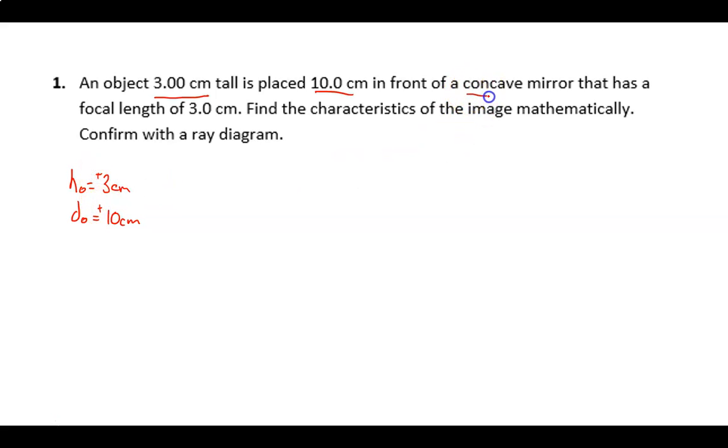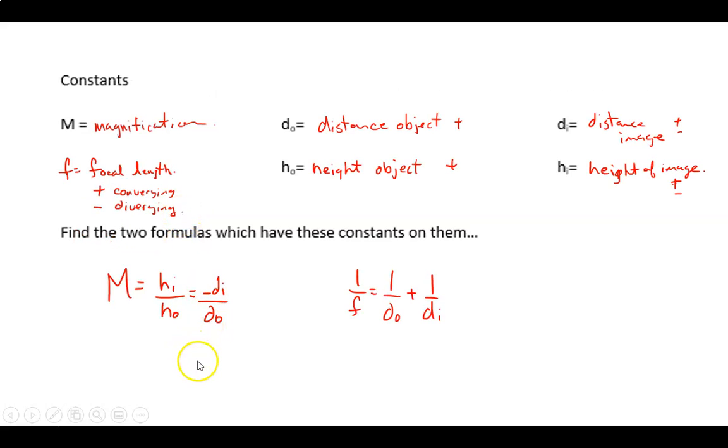In front of a concave mirror, concave mirrors, right, will have light converge. So the focal length that we've got here of 3.0 centimeters, we know is going to be a positive focal length. And again, you can see with these mathematics that the positives and negatives are going to influence things quite a bit.